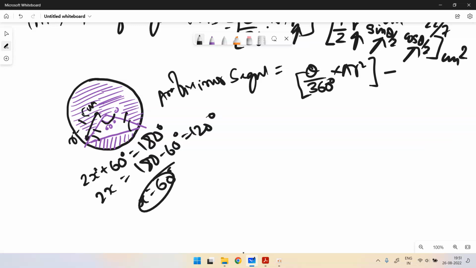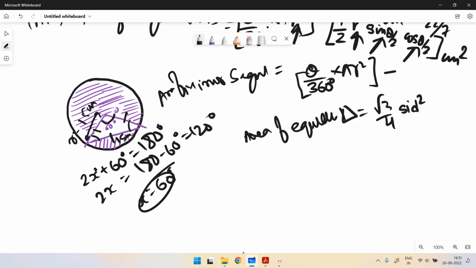Since all angles are 60 degree, all three sides are equal, so this will also be 15 centimeter. The area of an equilateral triangle is root 3 by 4 side square, which is root 3 by 4 r square.